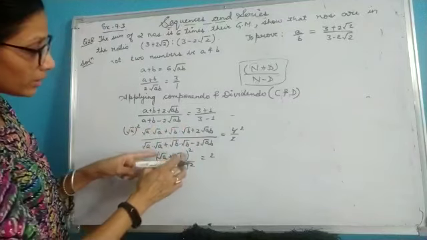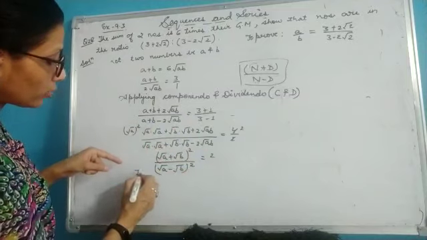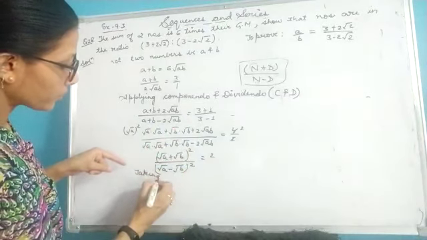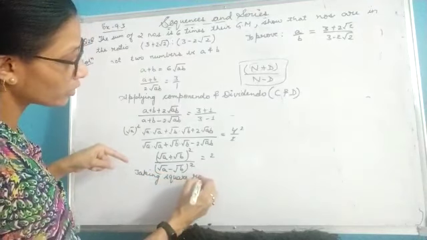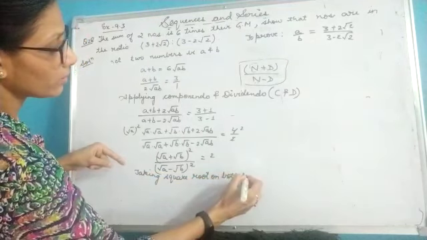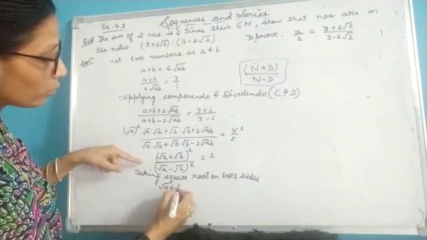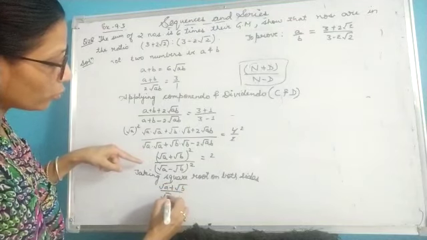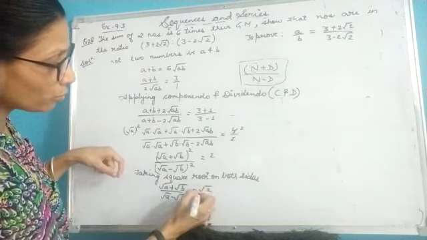Now here I am getting whole square, so I will take root on both the sides. Taking square root on both sides, I will be getting root A plus root B whole upon root A minus root B is equal to root 2 by 1.